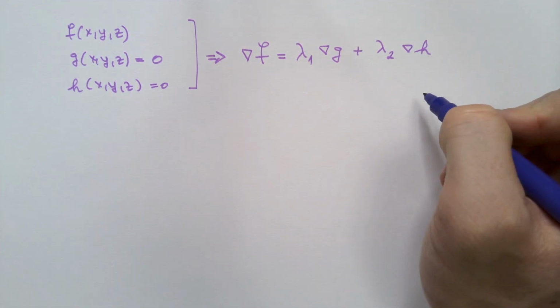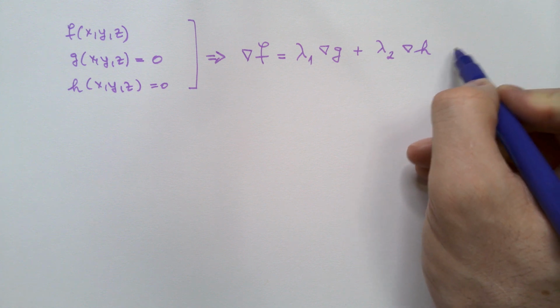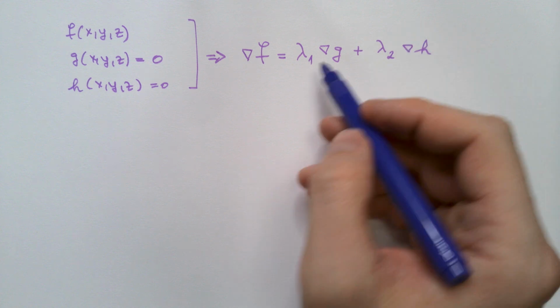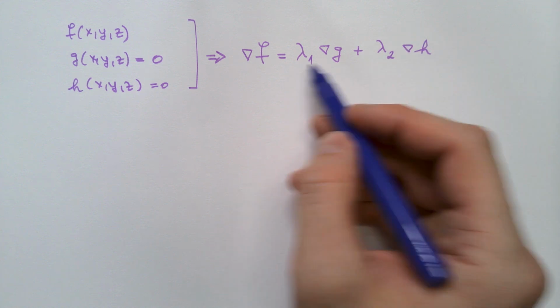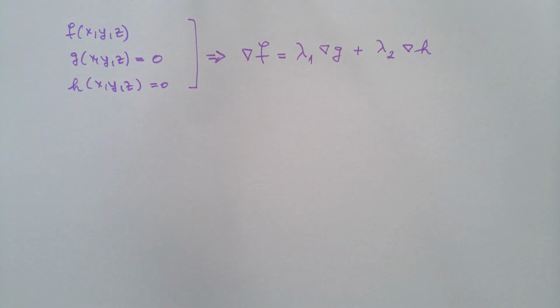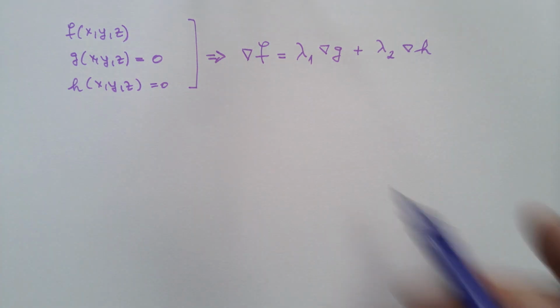If you had a third constraint, it would be plus lambda 3 nabla of that third constraint. In other words, you form a linear combination of your Lagrange multipliers and gradients of constraints, and now you solve this system of equations.